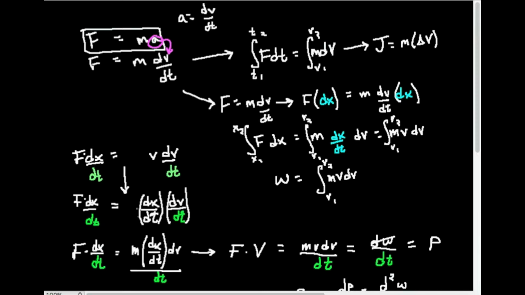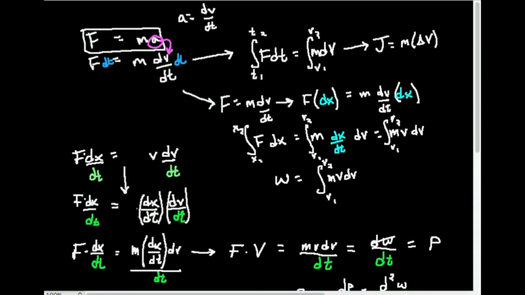Now, another thing I'm able to do is multiply both sides by the same thing. You've done that before. If you had to multiply both sides by 5, you'd multiply f by 5 and this side by 5. But I'm going to do something a little different. I'm going to multiply both sides by dt. I can do that because I didn't technically change the value of the expression, since I multiplied both sides by the same thing.